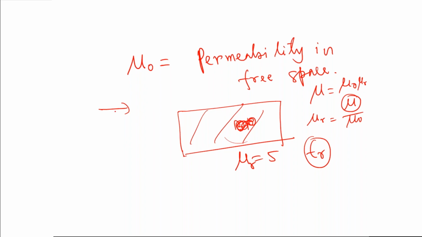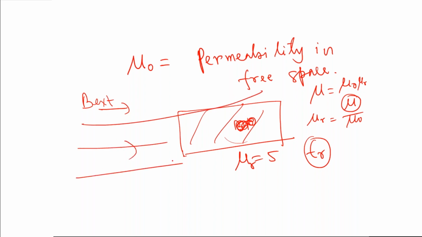So if I want to make a magnet, like induce magnetism in this, I have to apply an external magnetic field, okay. So field lines will go like this, suppose, they are coming like this. So I'm keeping it inside the applied external magnetic field.